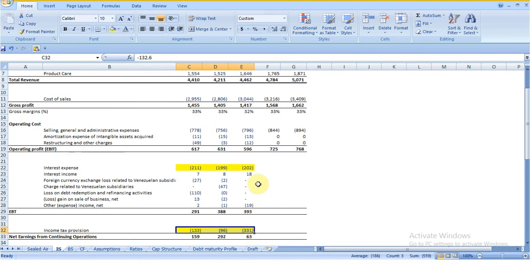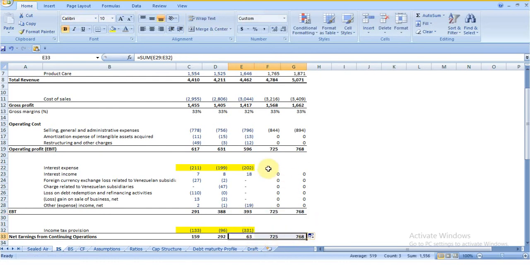Other line items like interest income, foreign currency exchange charge related to any subsidiary, are minor amounts. These are all very small and meager amounts, and we can ignore them and put them as zero. For the time being, I'll just drag the formula so that I can make it look complete.